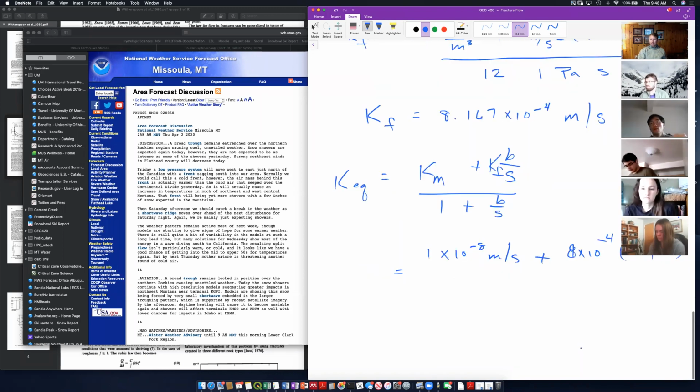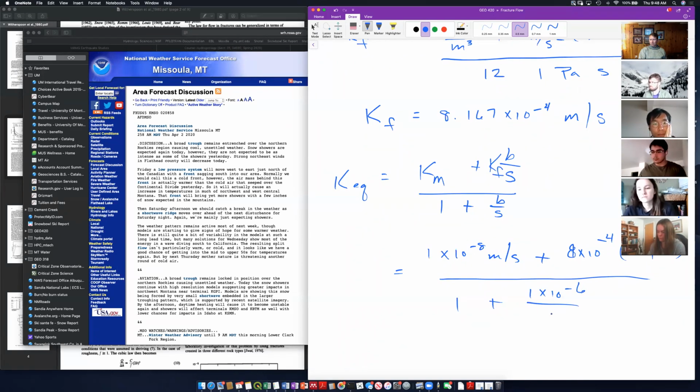That gave us our K equivalent of 1.08 times 10 to the negative 8th meters per second. So you basically got 1 times 10 to the minus 8 meters per second.